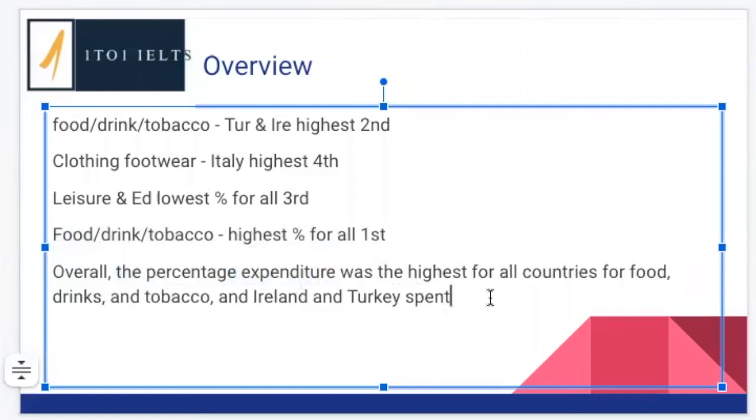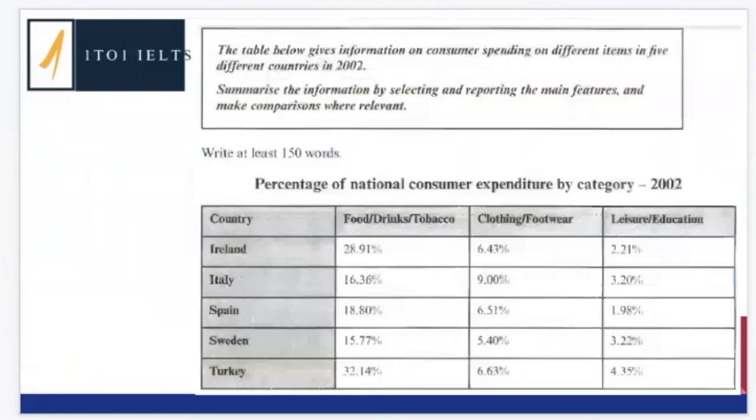Oh, I'm about to make a mistake. I'm very sorry. I was about to say spent the highest. What is the problem here? What is the mistake, the trap I almost fell into? Are we talking about how much they spent? Are we seeing an amount? Do we know how much they spent?